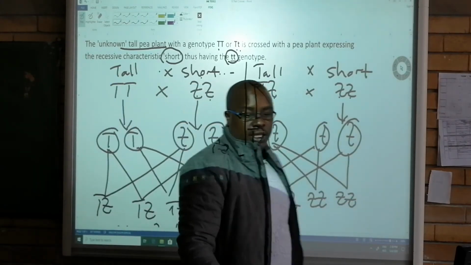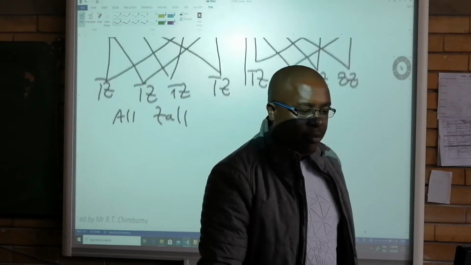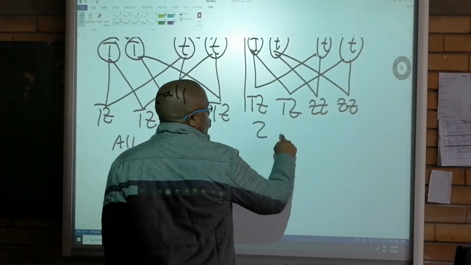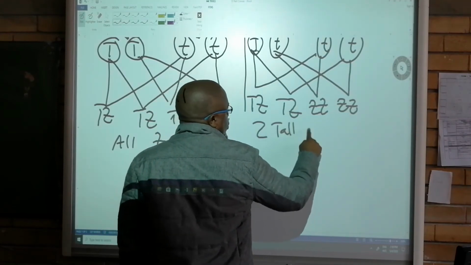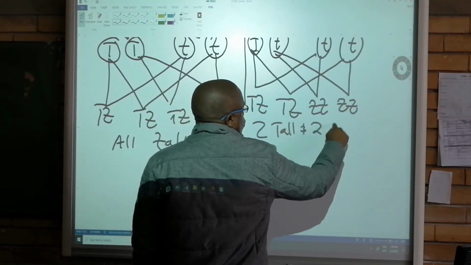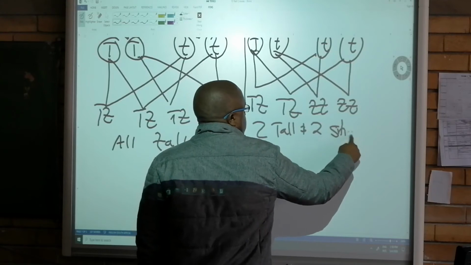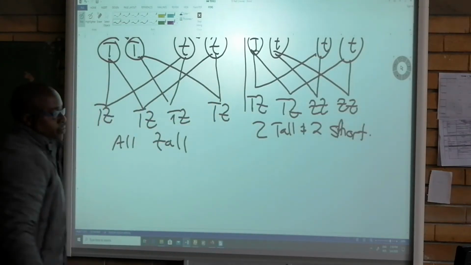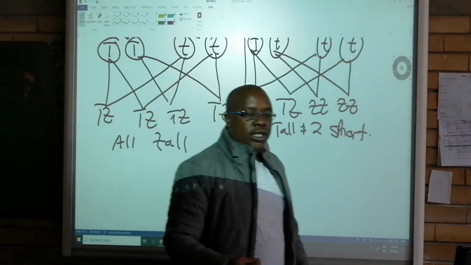What is the F1 phenotype for this one here? You have 2 tall and 2 short. Now listen to this. What did we start with?